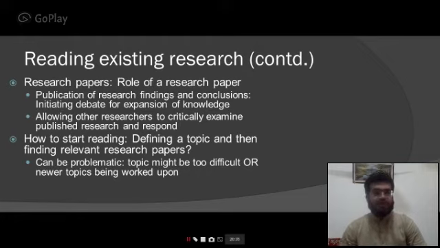Now let us look at how to read research papers and make the most out of them. Why I'm talking about research papers is the fact that these research papers address current issues in a field of knowledge.